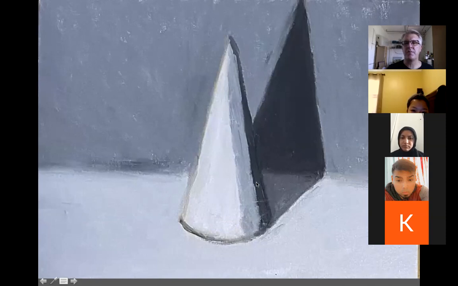Now, Sarwar sent me a photograph of his setup. I didn't include it in this slideshow, but I'll just point out, and Sarwar, you can go back to the photo and look at it again, or if you have the setup still, you could see within that narrow shadow pattern, you could still make out reflected light.